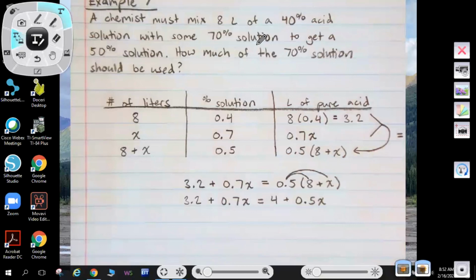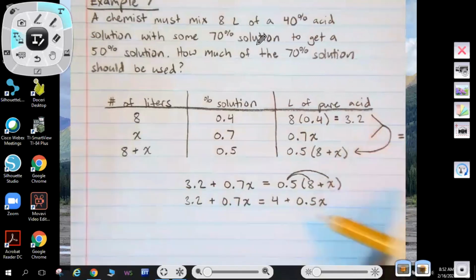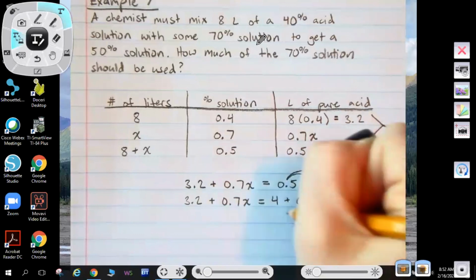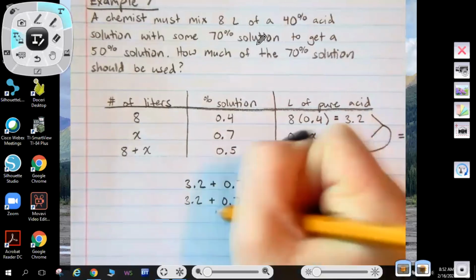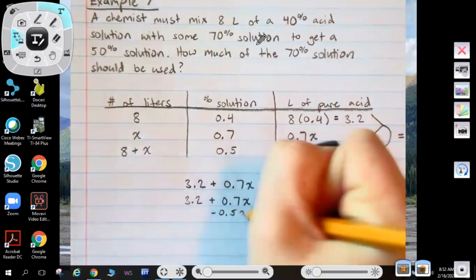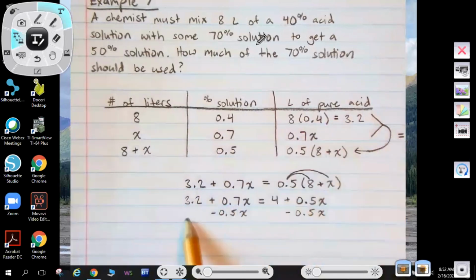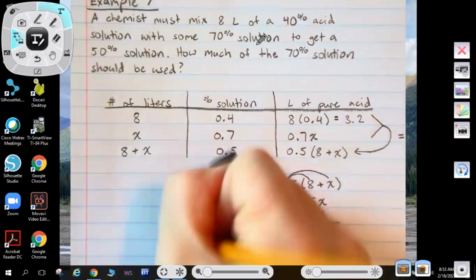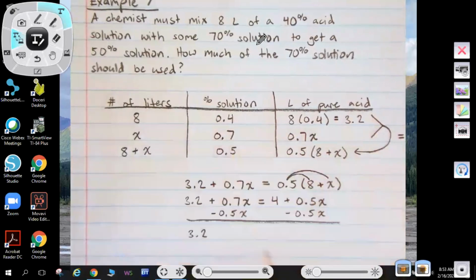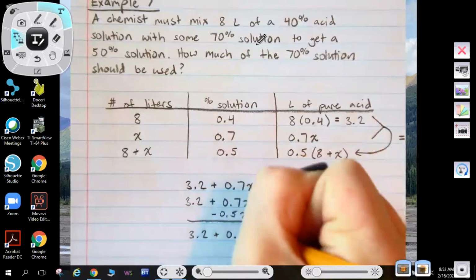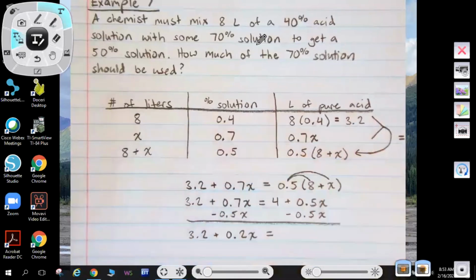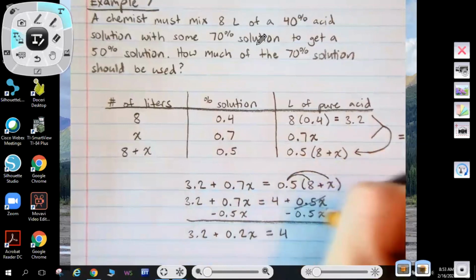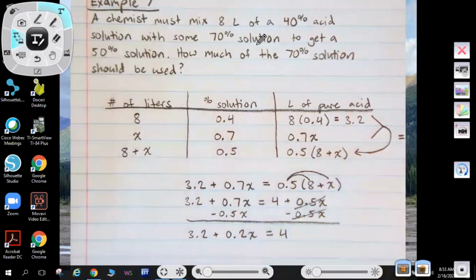We want all of the x's on the same side. So I'm going to move 0.5x to the other side by subtracting 0.5x from both sides. 0.7x minus 0.5x is 0.2x. So we get 3.2 plus 0.2x equals 4.